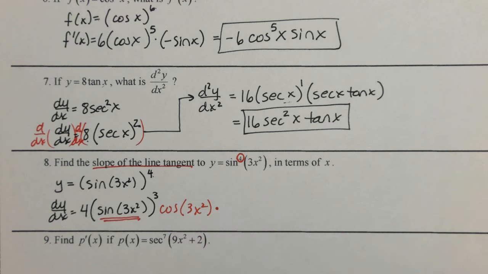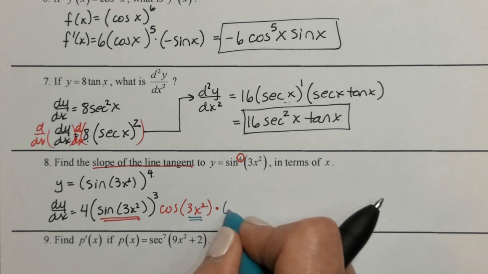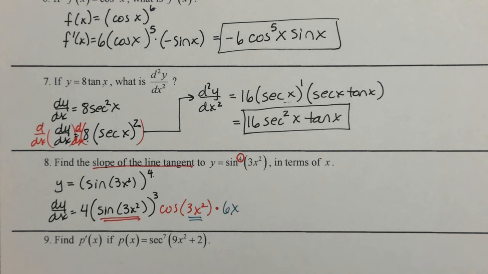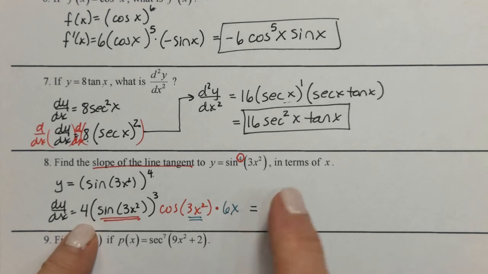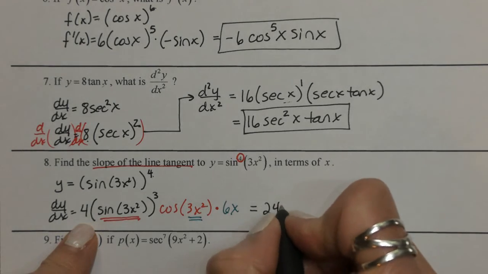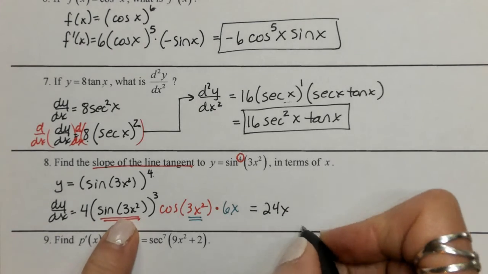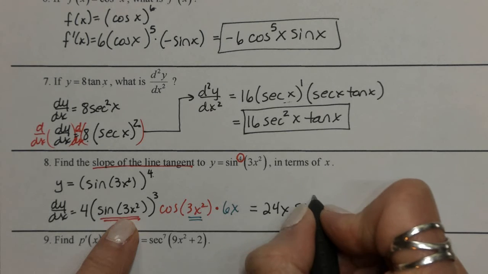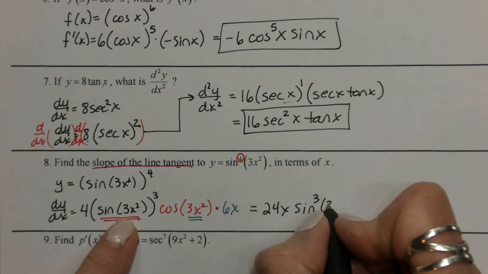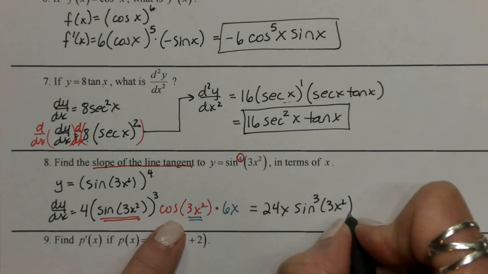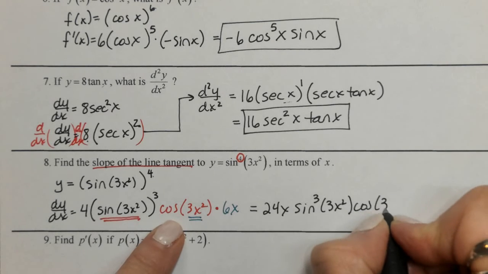And then at the end, multiply by the derivative of your argument, 6x. As a multiple choice answer, they would multiply the 4 and the 6 together and move the x to the front. So 24x. We have 3 sines, so sine cubed of 3x squared, and then cosine of 3x squared.